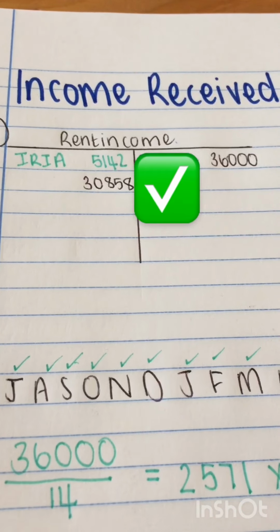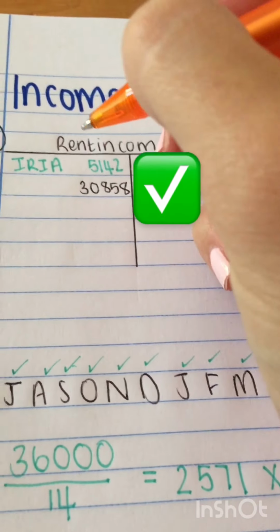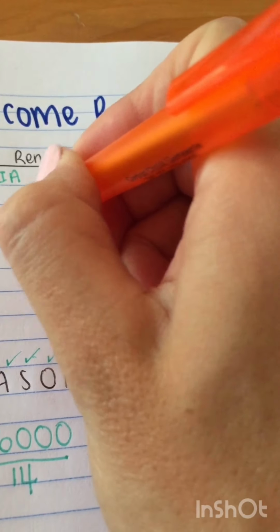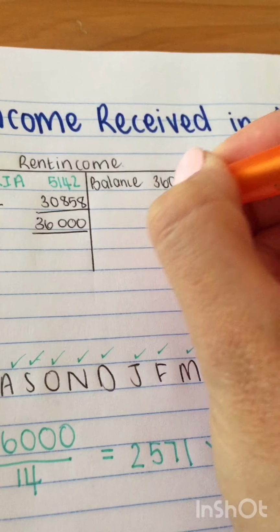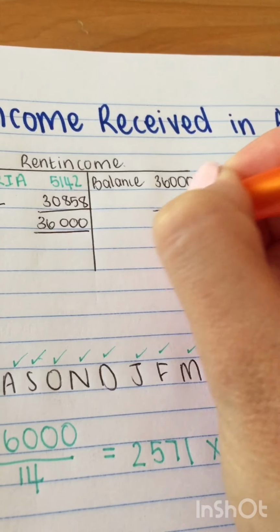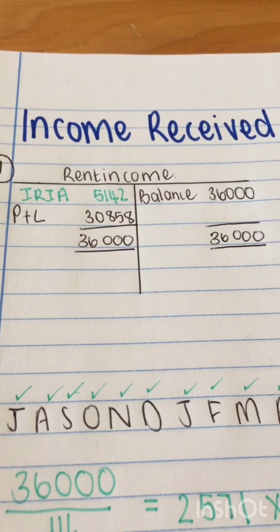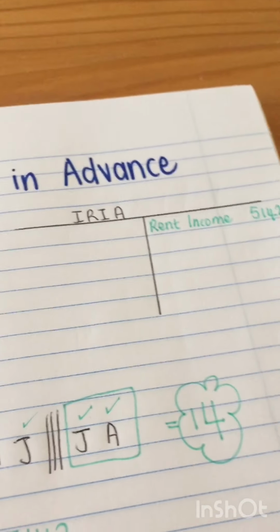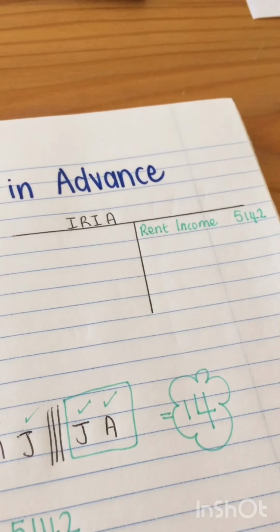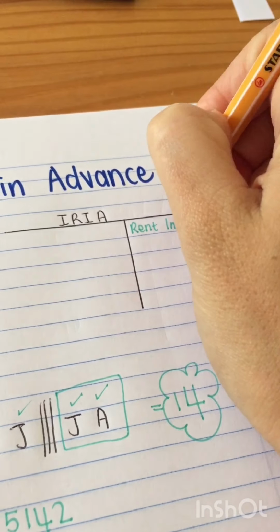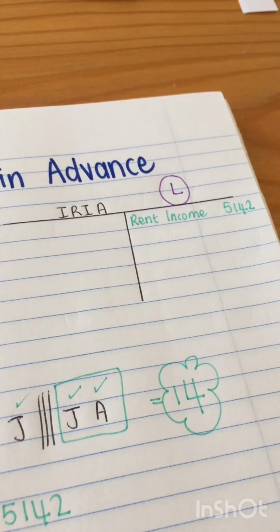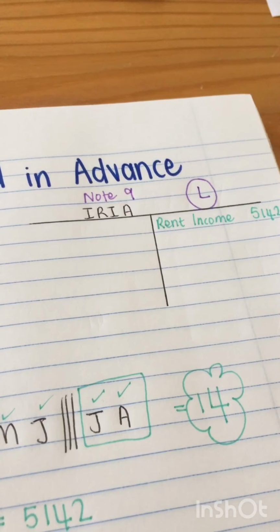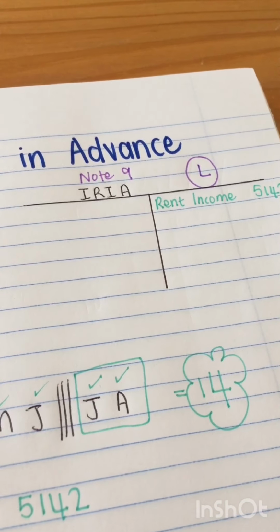That's the correct amount for rent income for 12 months. That amount will go to profit and loss. So there I can then close off my account. Right, so that's it. Then I'm done. I have entered my income received in advance. Because it's entered on the credit side, it is a liability, and that will be entered in note 9 when I finally do my balance sheet.